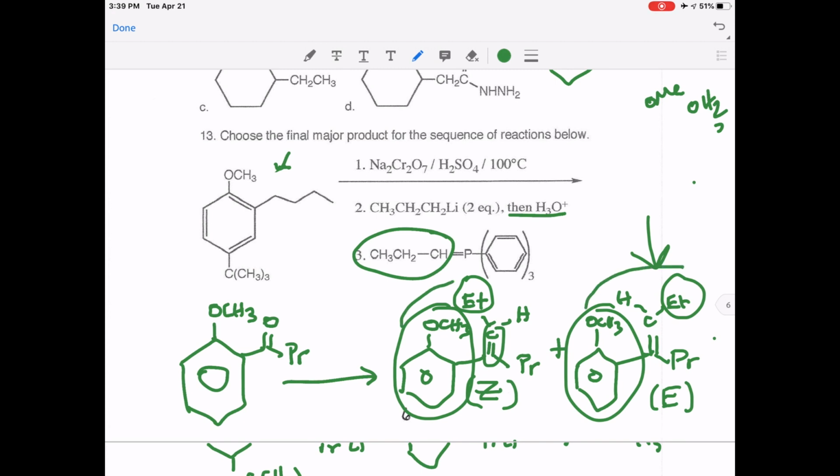There is less steric hindrance, and this allows it to be in a lower energy state. So thermodynamically, this is way more energetically favorable. So this is essentially the major product.